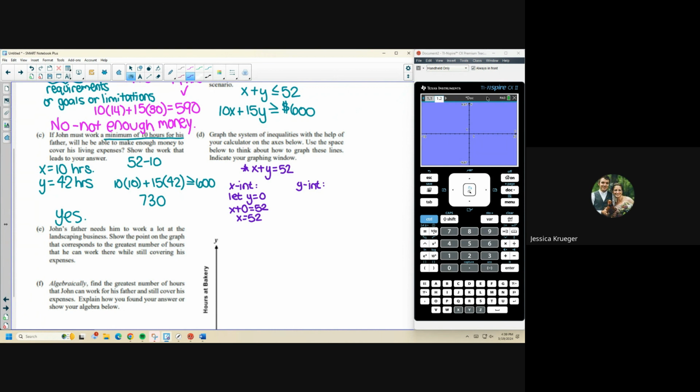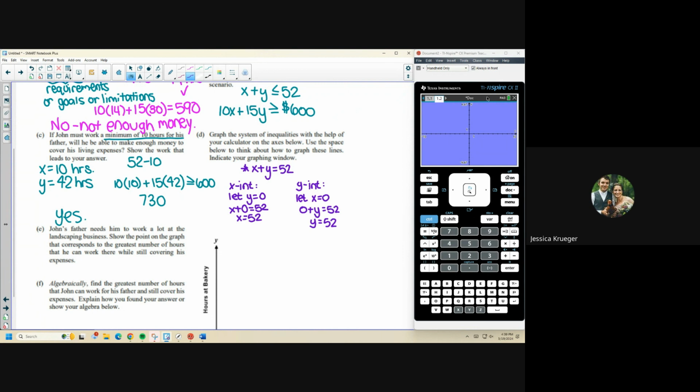To find a y-intercept, we just do the opposite. We let x be 0 and we solve for y. So 0 plus y is 52. Same thing. My y-intercept would be 52 here. Okay, so the most number of hours he can work at either place is 52.